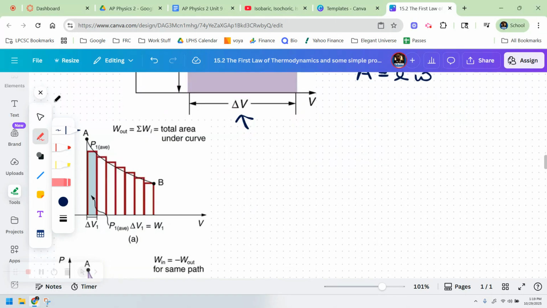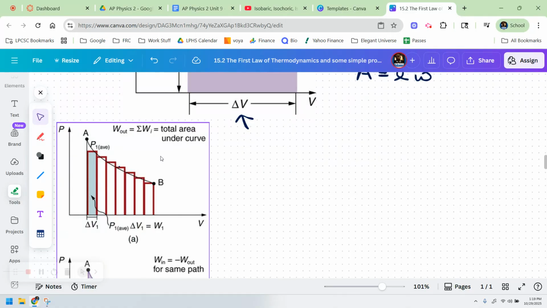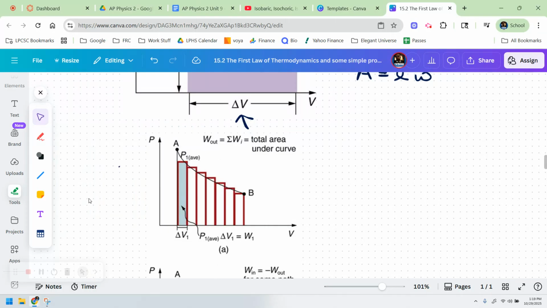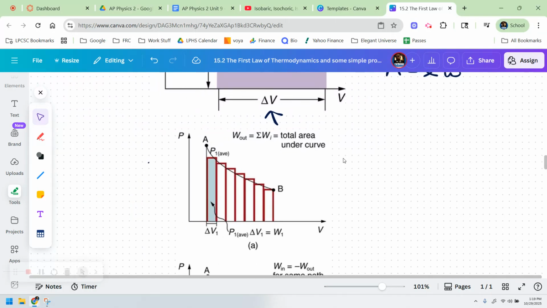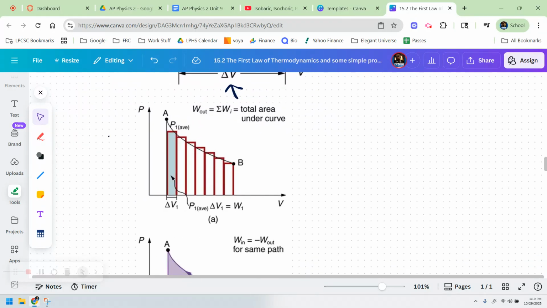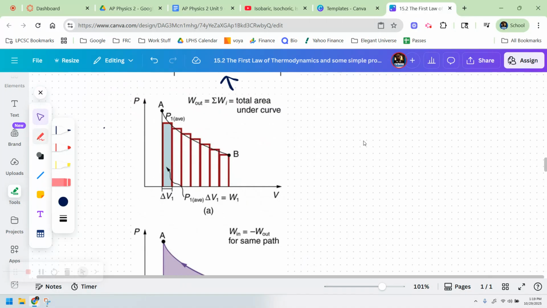But now, I don't know if you guys are aware of this or not, but you can actually calculate the area under the curve. But I'm not going to teach you that today. This is what calculus was kind of invented for.